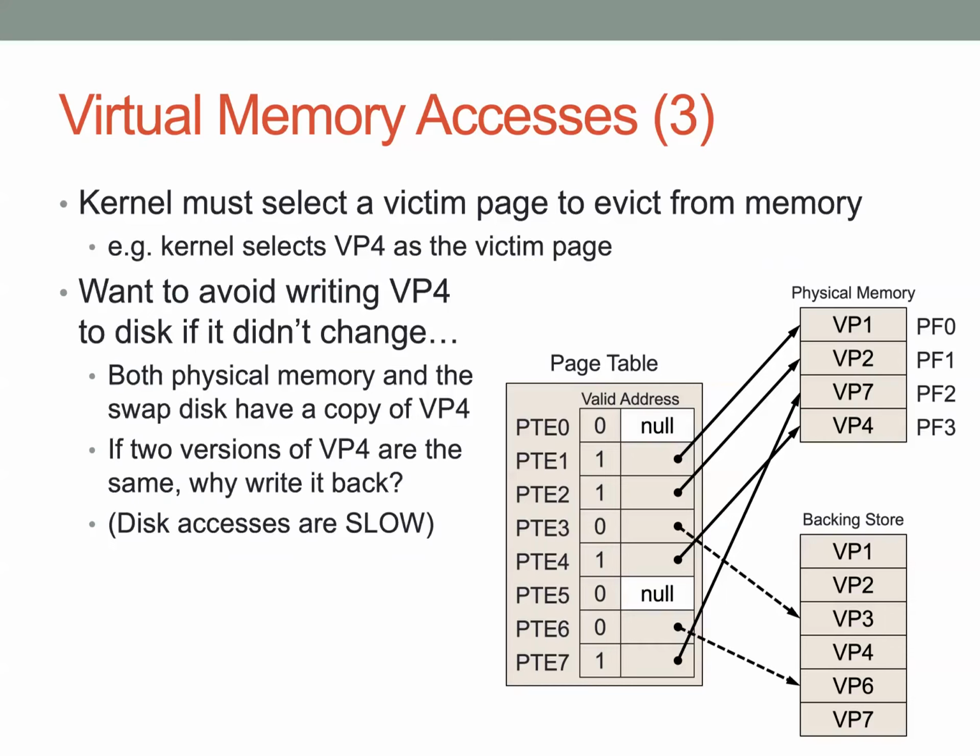Now, the kernel can go in and say, hey, has that page actually been changed? Because if it hasn't been changed, it may not want to actually incur the cost of saving it back to the backing store. If it has changed, then it needs to do the right thing. And as the slide says, disk accesses are slow.